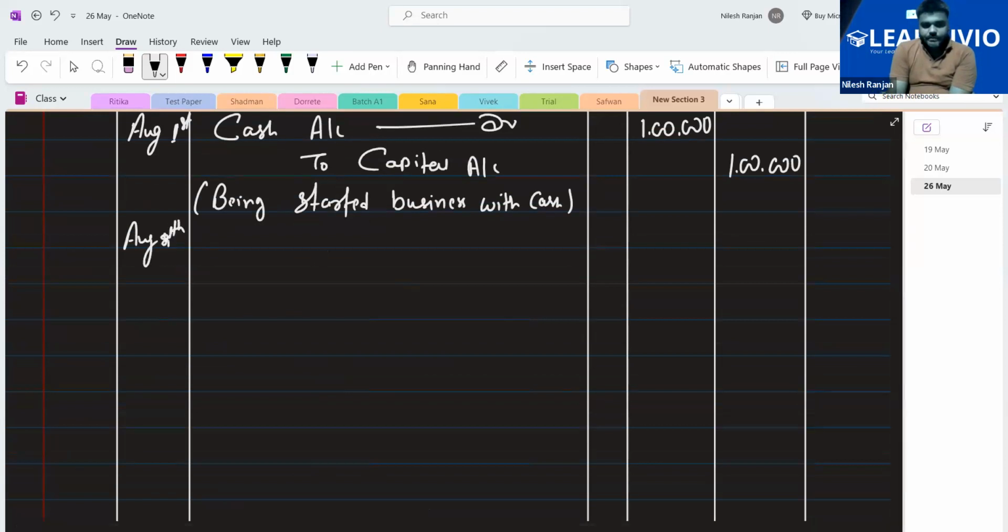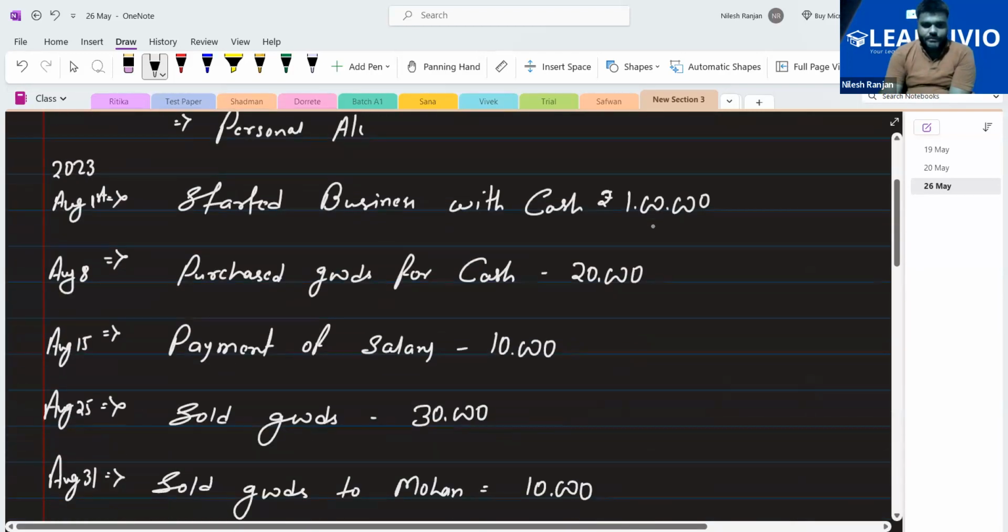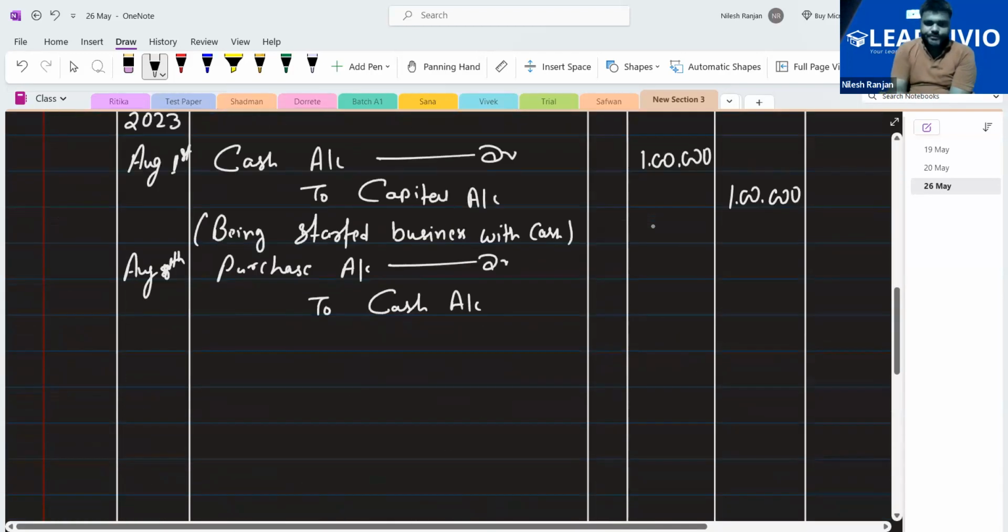So it is purchase account debit to cash account. It is 30,000, I think. No, 20,000.